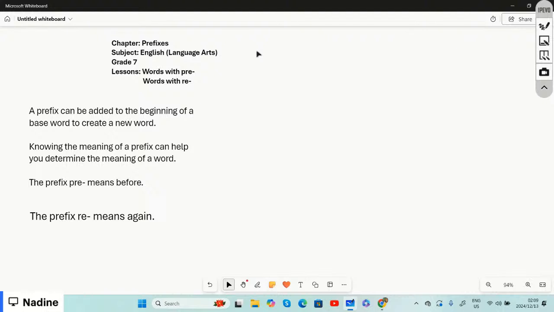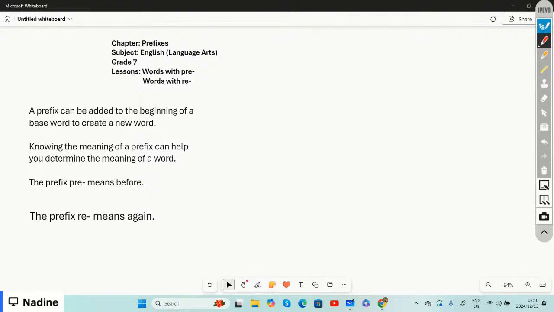And knowing the meaning of a prefix can help you to determine the meaning of a word.